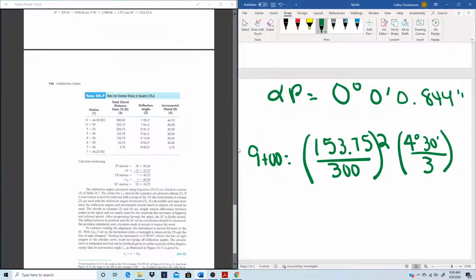I'll plug this in and we'll see what we get. Make sure you square it, and then times the degrees.